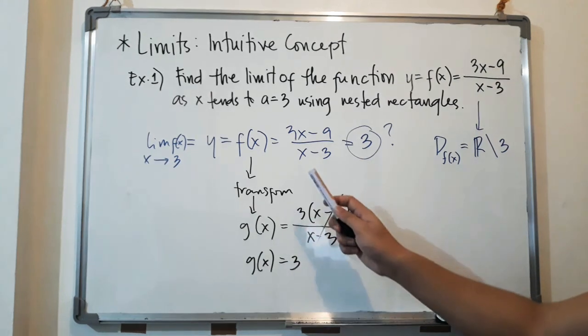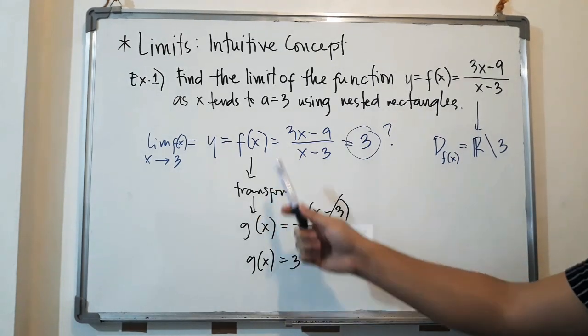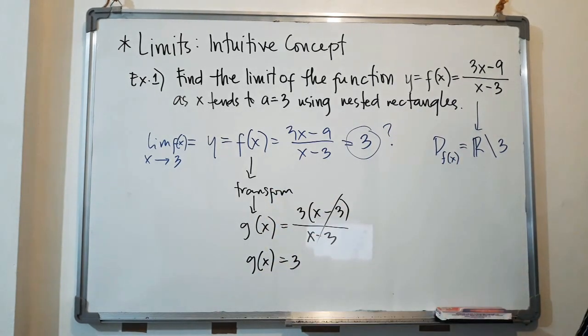What does it mean by transformation? It means f of x behaves like g of x, except at x equals 3. So the graph of f of x is the horizontal line y equals 3.